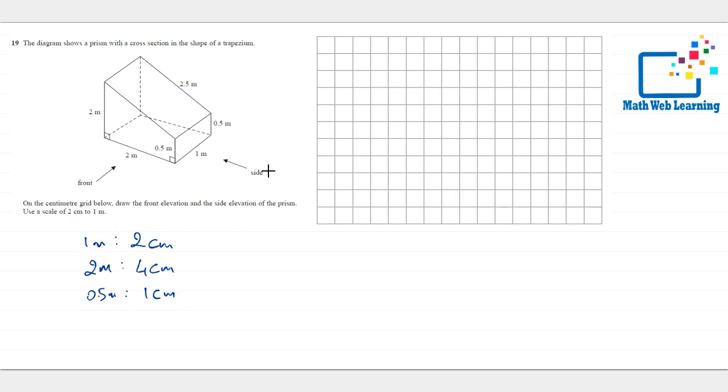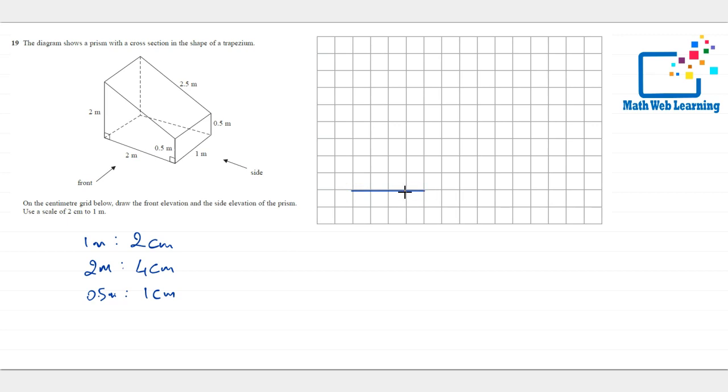Okay, so let's do the front first. This one here is 2 meters, it will be drawn as 4 centimeters. Sorry, I apologize again. Let's do that. So it's going to be like so.